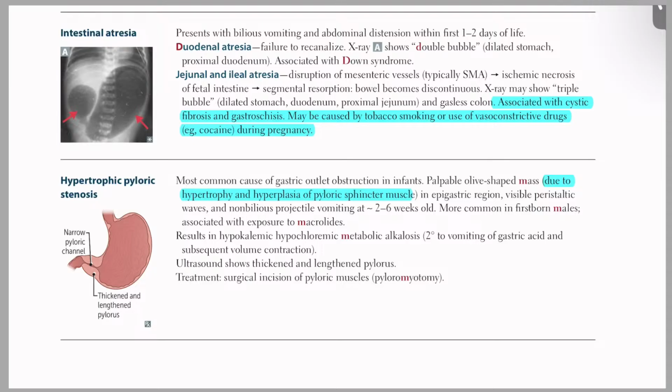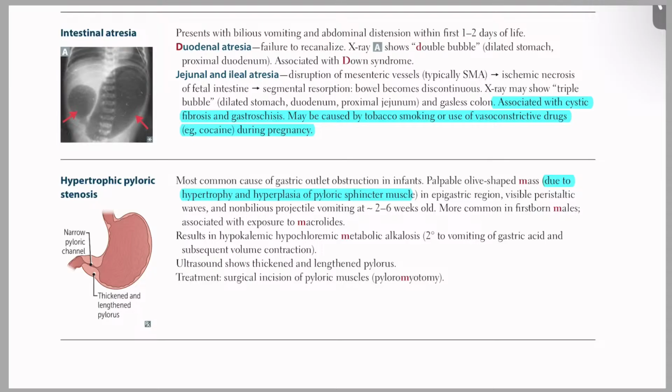Hypertrophic pyloric stenosis, most common cause of gastric outlet obstruction in infants, palpable olive-shaped mass due to hypertrophy and hyperplasia of pyloric sphincter muscle in epigastric region, visible peristaltic waves, non-bilious projectile vomiting at 2 to 6 weeks old, most common in firstborn males, associated with exposure to macrolides.